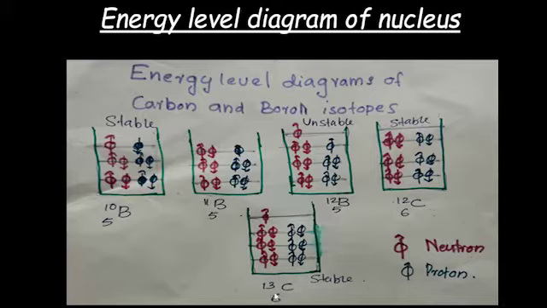Here it has 7 neutrons and carbon-12 has 6 neutrons. So they are isotopes. This is also a stable isotope because up to this it is completely filled and this is a half filled state. So we can explain the stability of the nucleus using the energy level diagram.